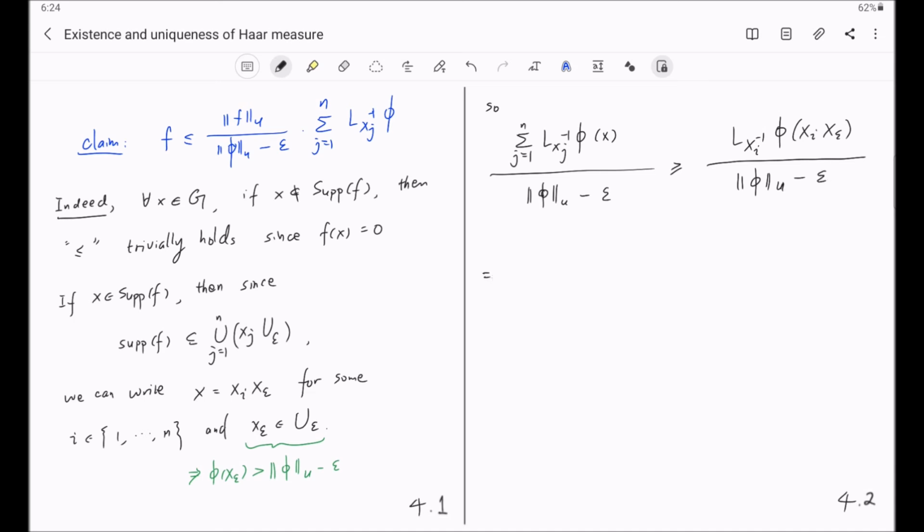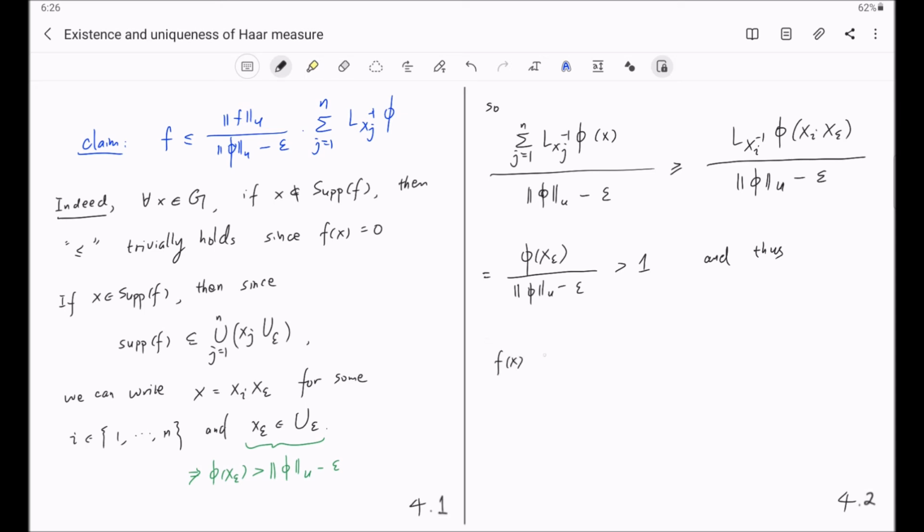And if you simplify this, xi inverse and xi cancel out. So this will give you phi of x epsilon in the numerator, divided by the supremum norm of phi minus epsilon. But this guy, by the fact that x epsilon is in u epsilon, will be strictly greater than 1.